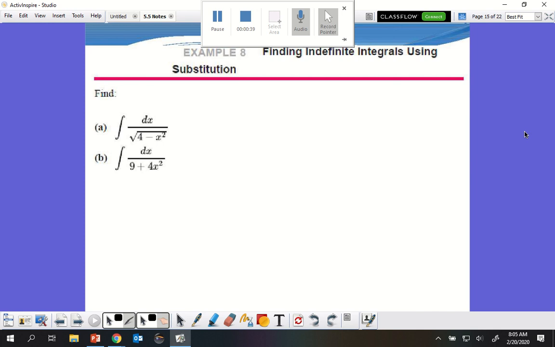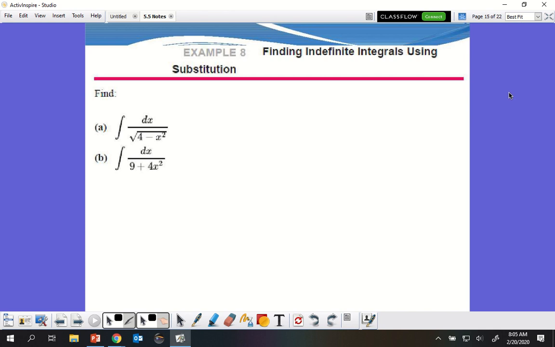Remember, I had you try to memorize a whole bunch of stuff about the antiderivative, or the derivatives. So now I have to look at this and be like, hey, there is a derivative here. I just got to figure out where it is.